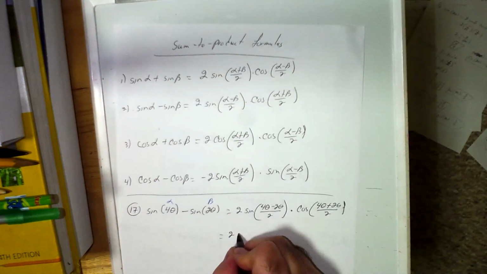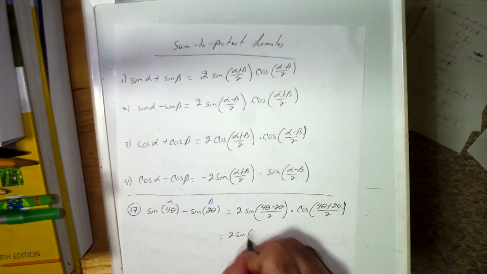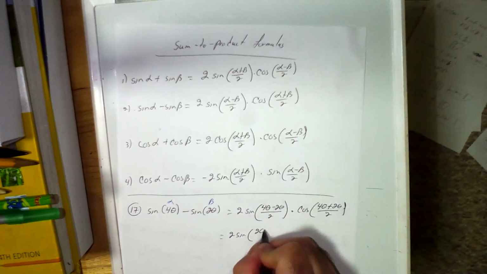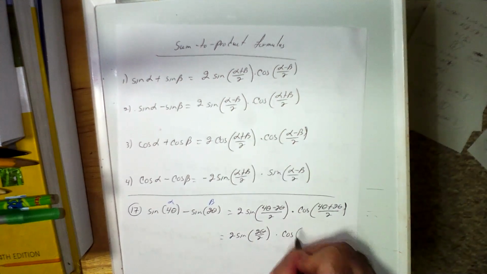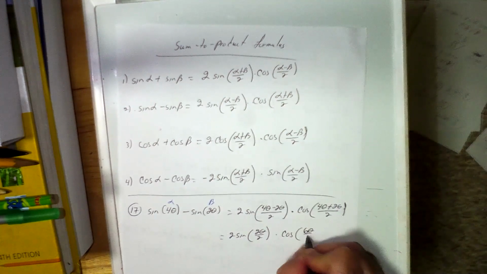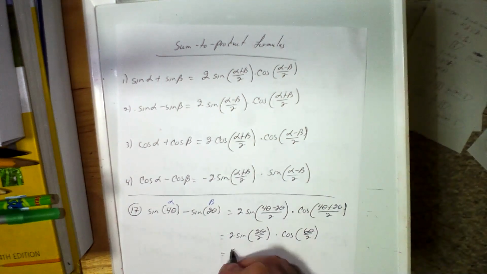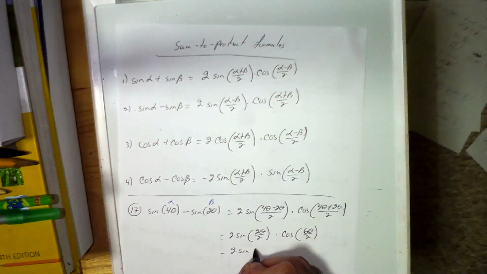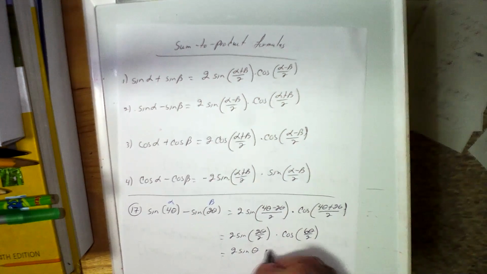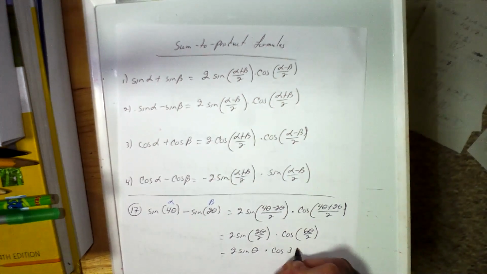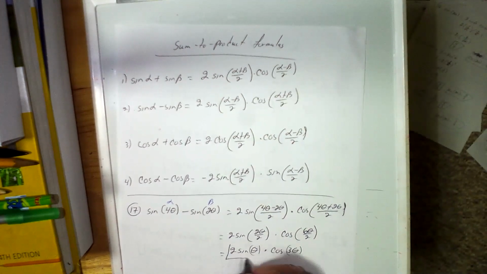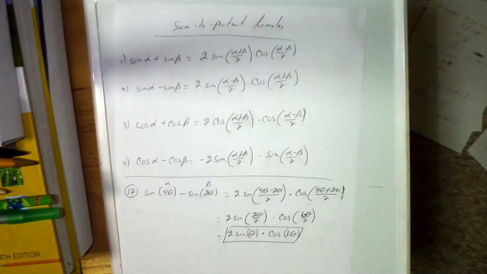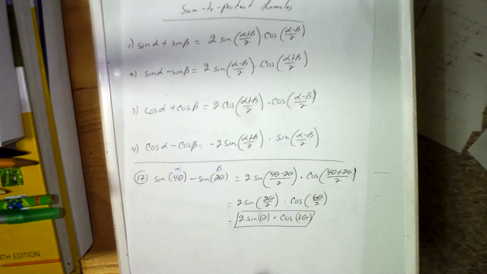We get 2 theta divided by 2, and the other one we get 6 theta divided by 2. Then you simplify it, which gives you sine theta times cosine 3 theta. I forgot my parentheses. And that is it. That's all you do.